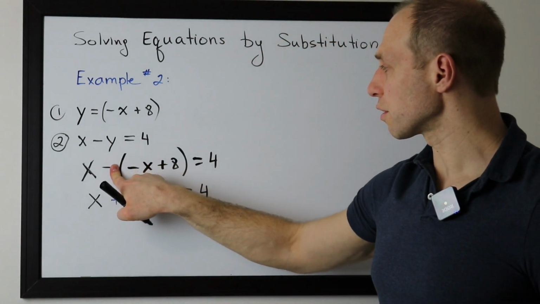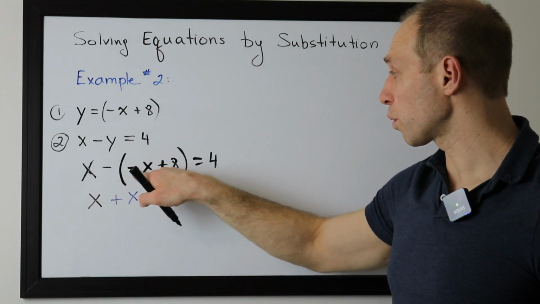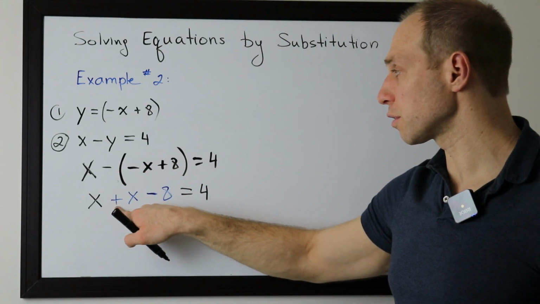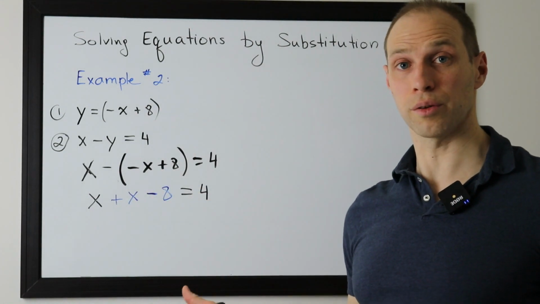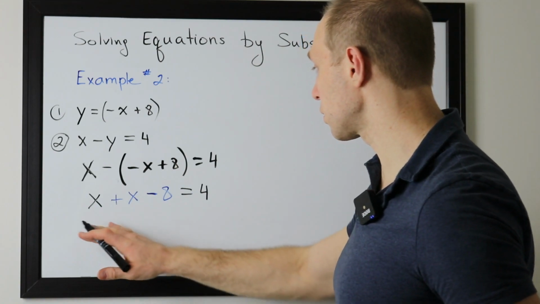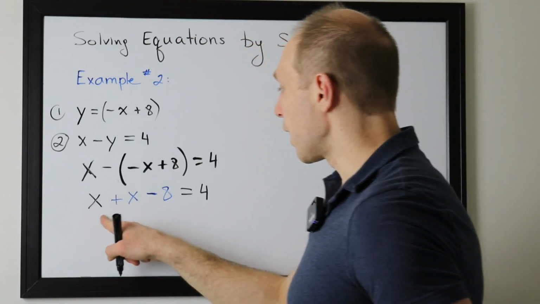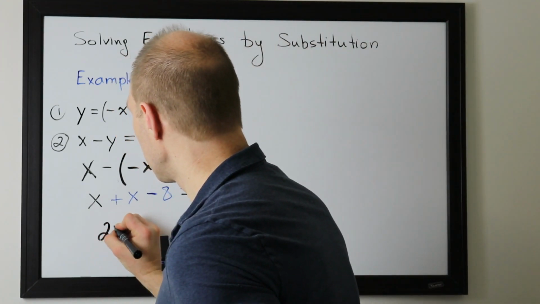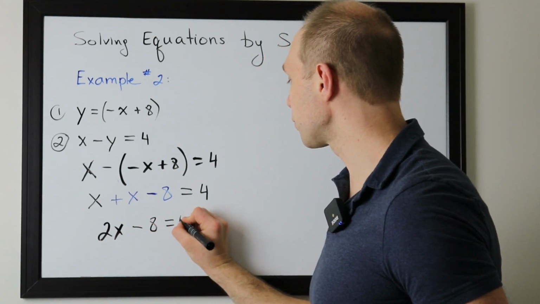Or if you don't use a negative 1, you just keep in mind that whatever was negative becomes positive, and whatever was positive becomes negative. Either way, you can do it in one of these two ways. So, x plus x is equal to 2x, minus 8 equals 4.